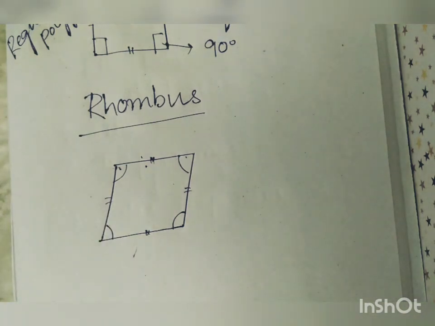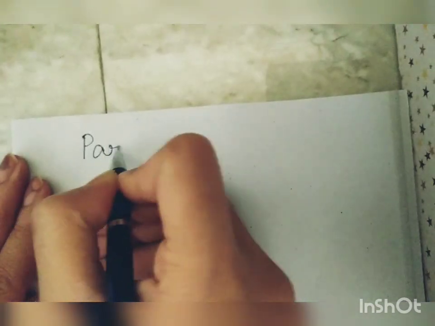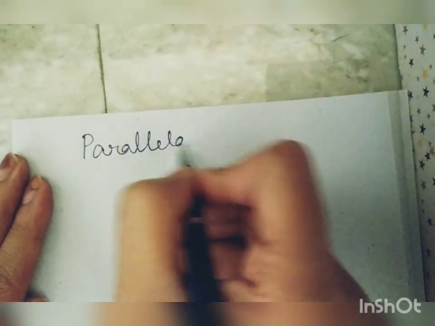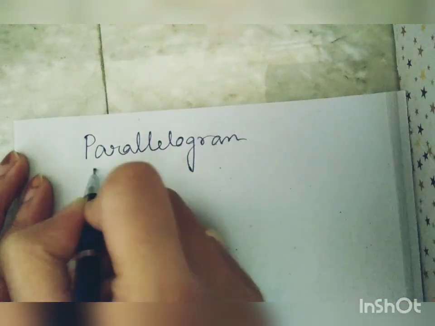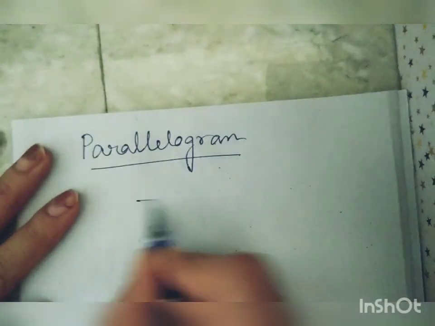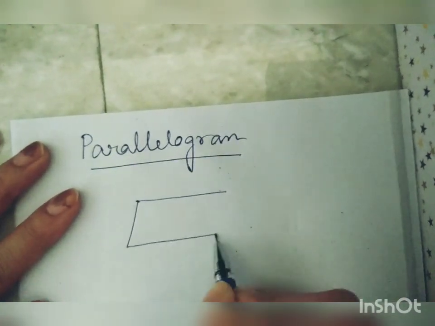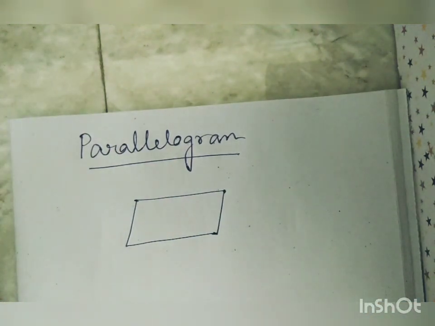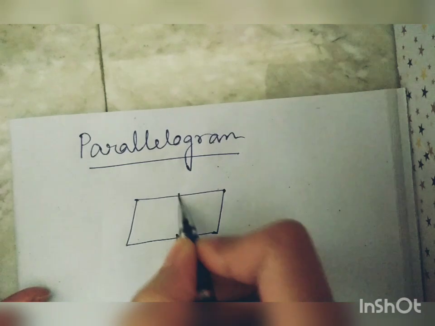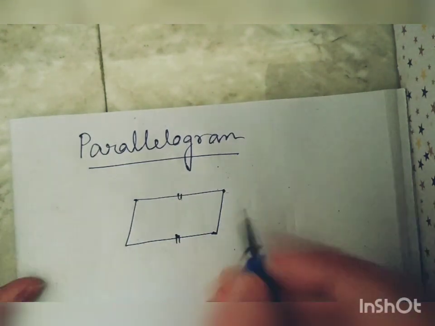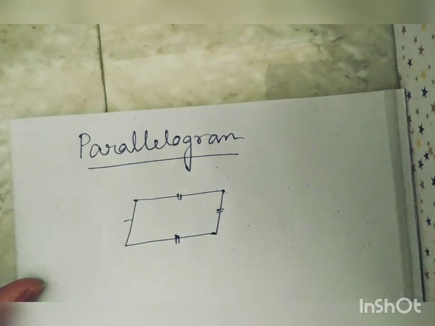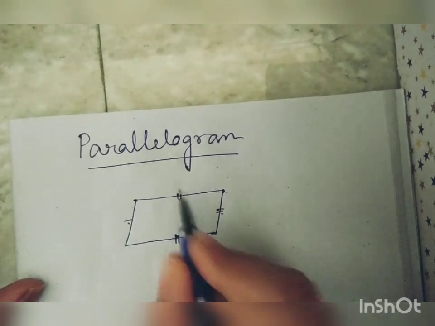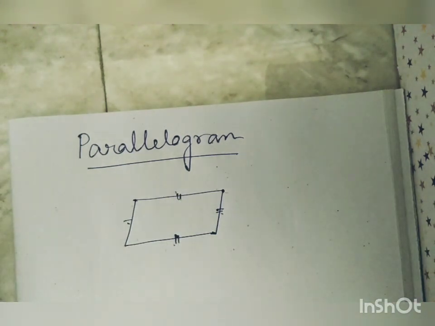Now let's talk about parallelogram. A parallelogram is a quadrilateral having two pairs of sides parallel to each other. Here you can see this is an opposite pair and this one is also an opposite pair, and these two pairs are always parallel to each other.